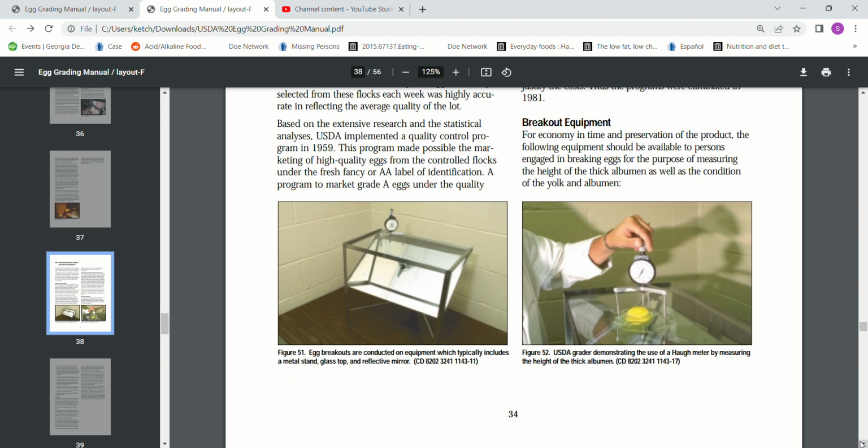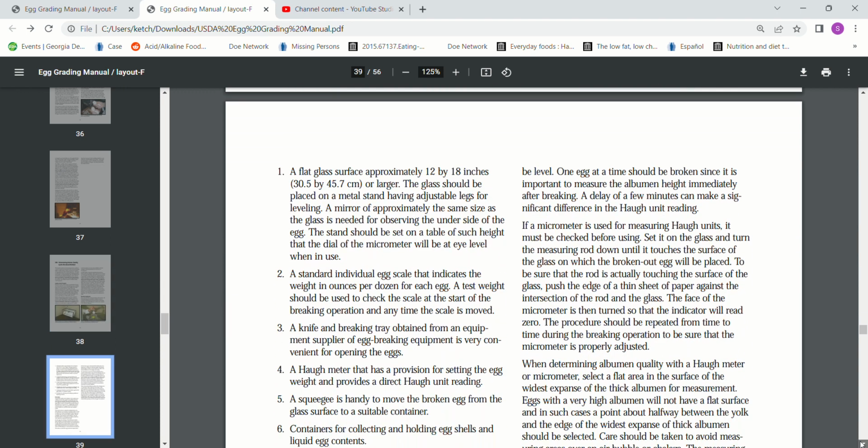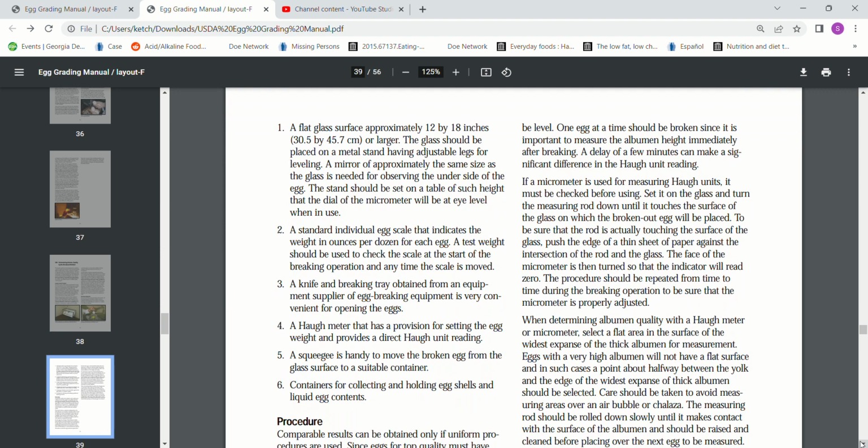Breakout equipment. For economy in time and preservation of the product, the following equipment should be available to persons engaged in breaking eggs for the purpose of measuring the height of the thick albumen as well as the condition of the yolk and the albumen. A flat glass surface approximately 12 by 18 inches or larger.